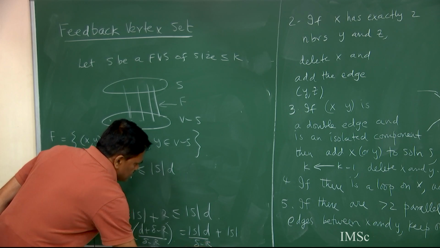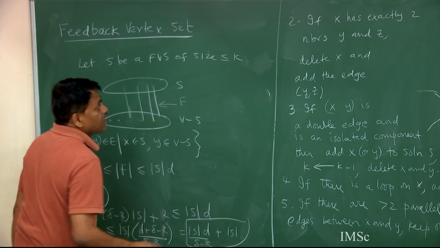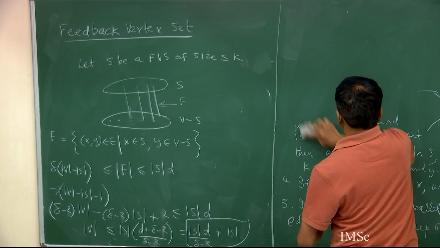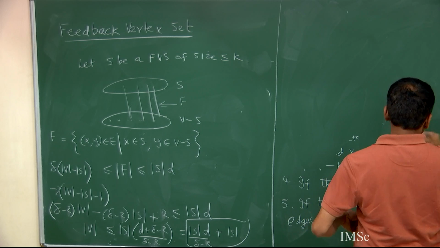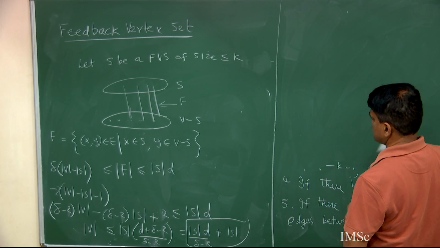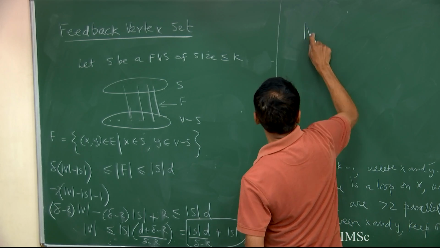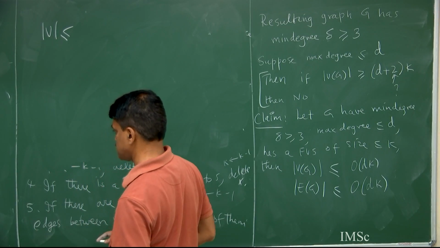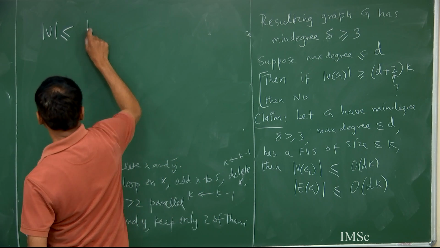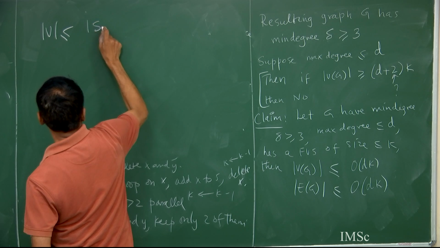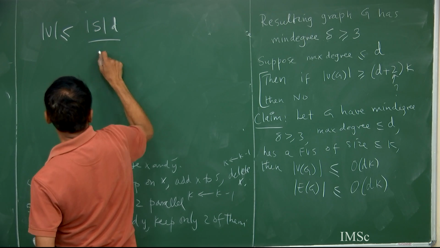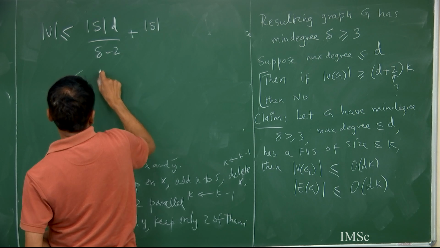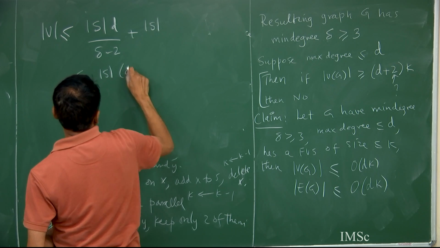Yes. So let me rewrite it again. If it is an S instance, if there is a feedback vertex set of size at most k, then the number of vertices in the graph is cardinality of S into D by delta minus 2 plus cardinality of S. So it's essentially cardinality of S into D plus 1.